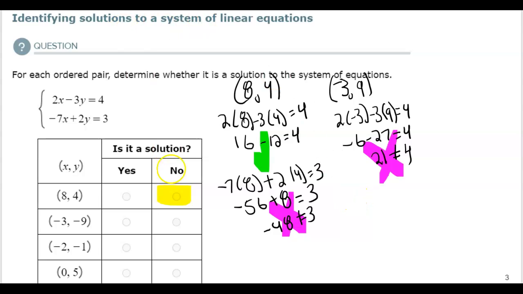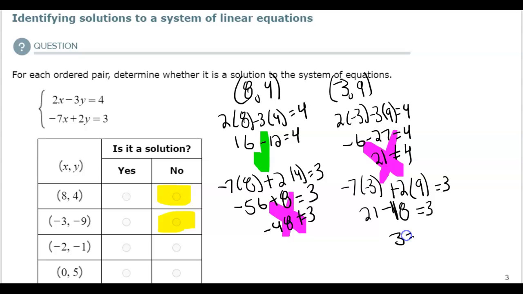It would still make this answer no. So even though it's true for one of them, it's not a solution for both of them, so it's not a solution for the whole pair.